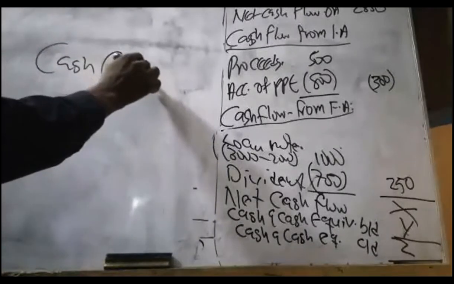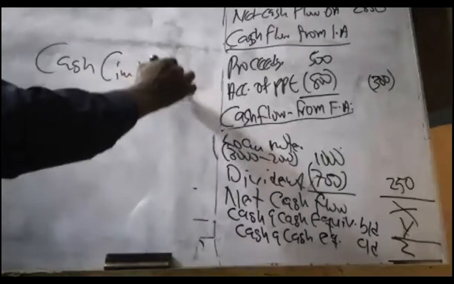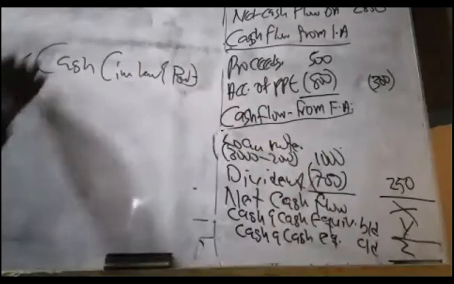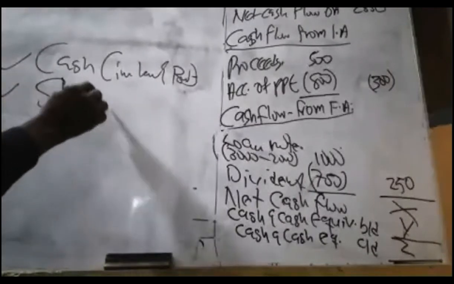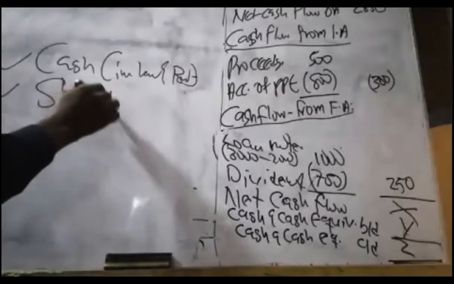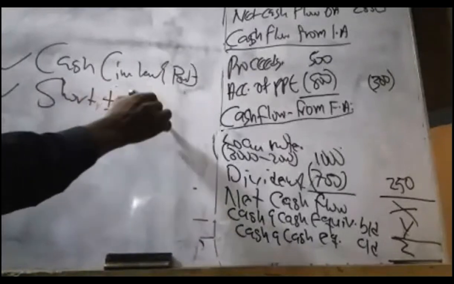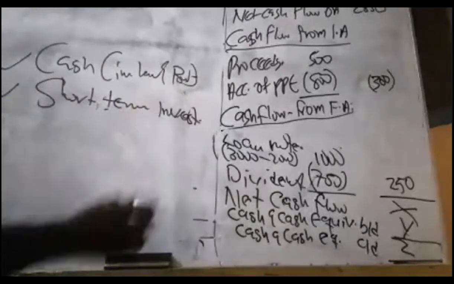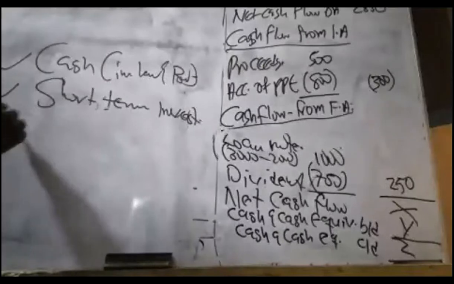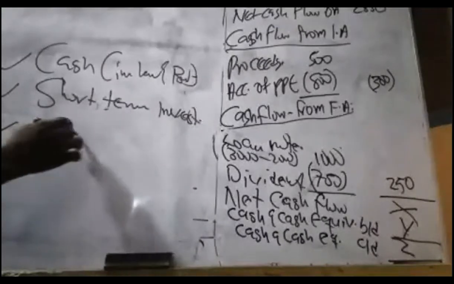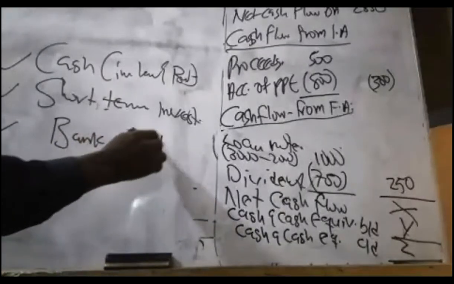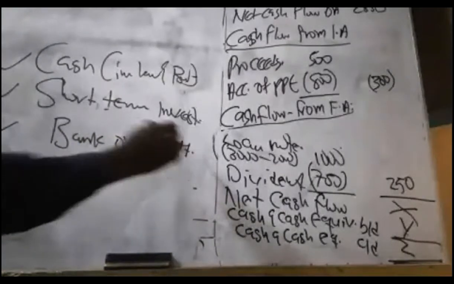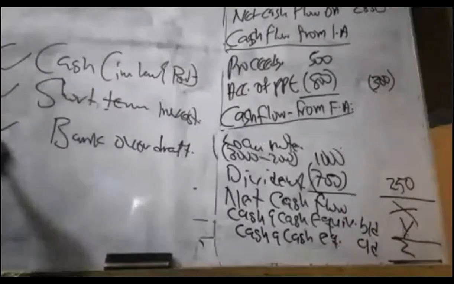That's the first item. Second, short-term investment, but let them inform you that it is readily convertible. The last one is bank overdraft. You subtract bank overdraft. Good. So this is the cash and cash equivalent.